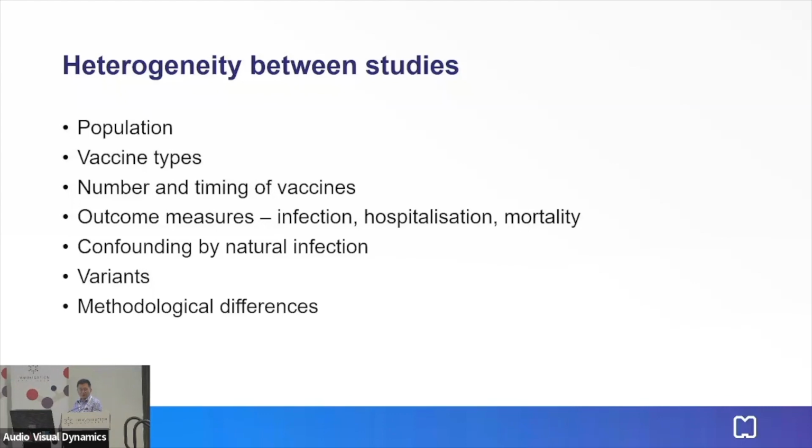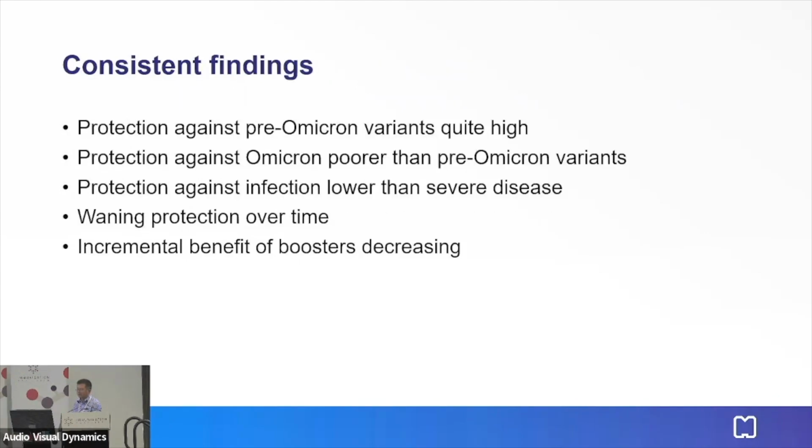So there's a lot of heterogeneity, as you can see. There's not only the population type, the vaccine types that are used in the country, the number, the timing of vaccines, and so on. And there's a lot of confounding by natural infection, and then the variants that are common, which are now becoming more diverse across and different between some countries. And then that's even before all these methodological differences about what exactly the endpoint is and what's being adjusted for and so on.